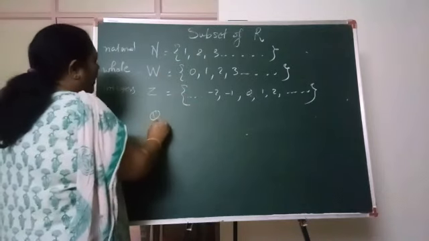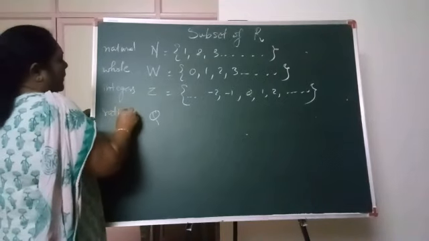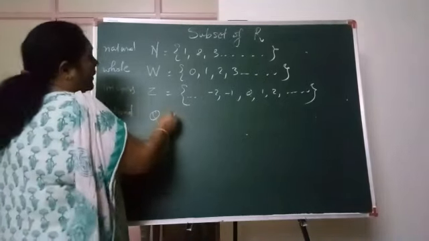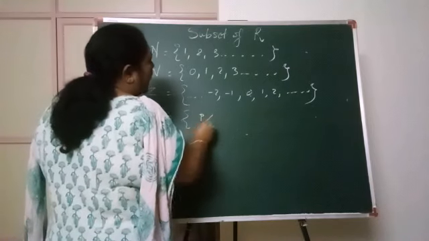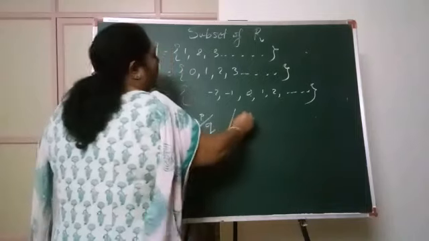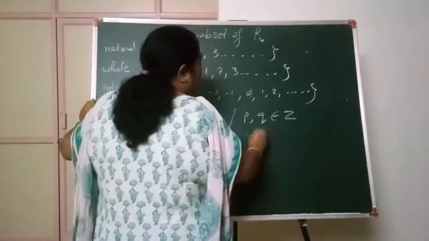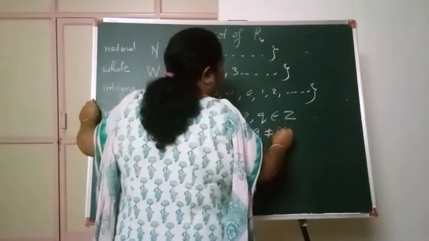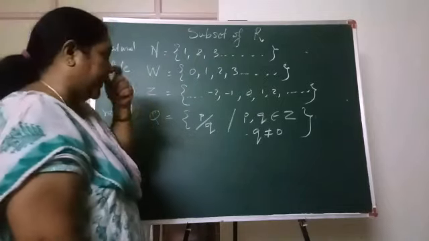You can also talk about rational numbers. In rational numbers you can say that any number of the form P upon Q, where P, Q belong to integers and Q should not be equal to 0. That is, we are talking about fractions and decimals over here.